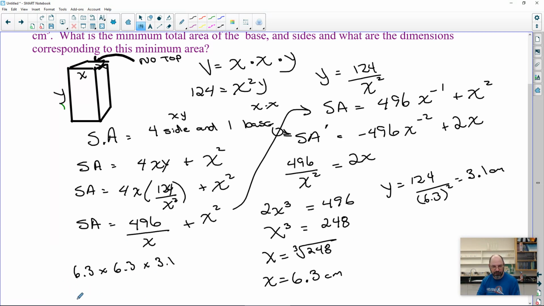And then that would be a volume of, whatever that would be, 6.3 times 6.3 times 3.1, about 123 square centimeters.